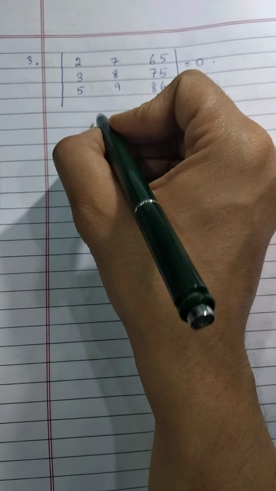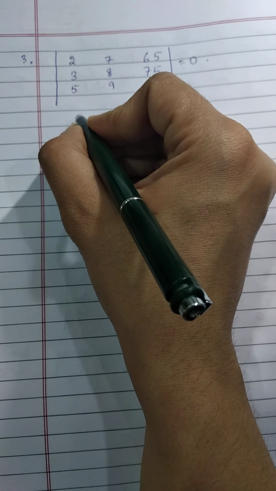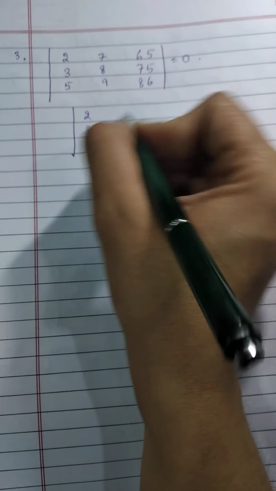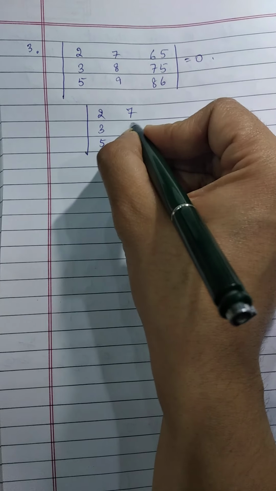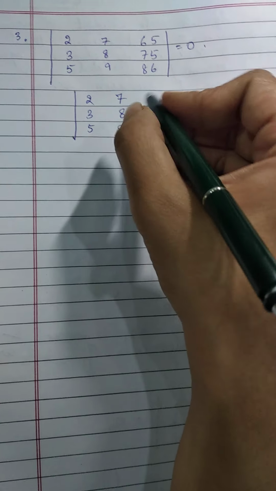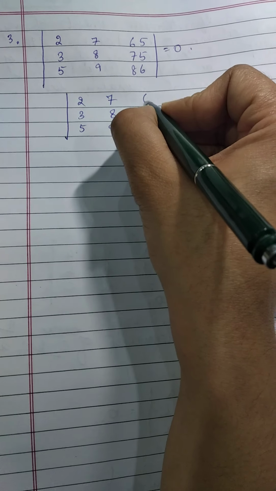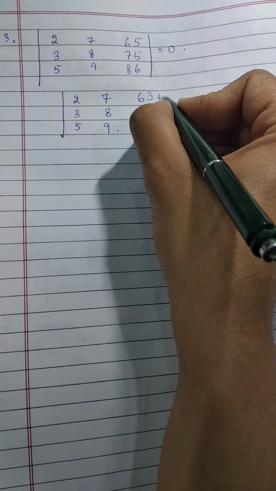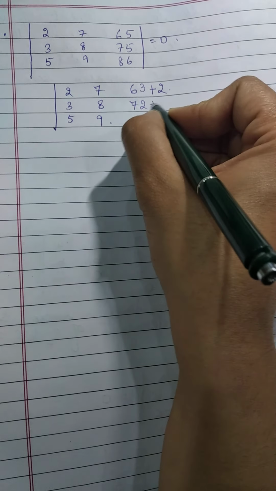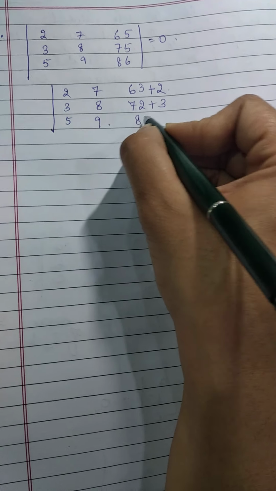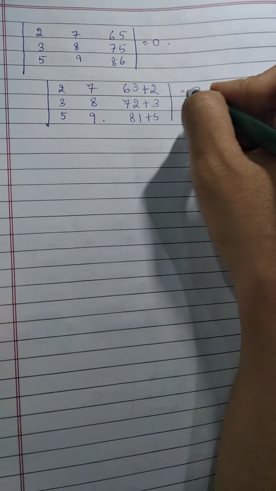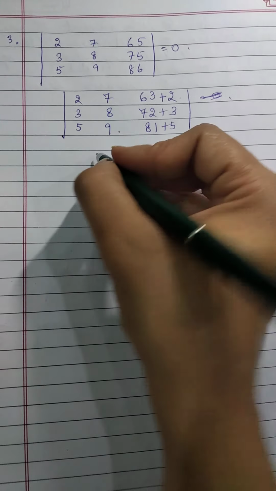Let's say we have 2, 3, 5 as it is, 7, 8 and 9 as it is. Then we can write 65 as 63 plus 2, 75 as 72 plus 3 and 86 as 81 plus 5.